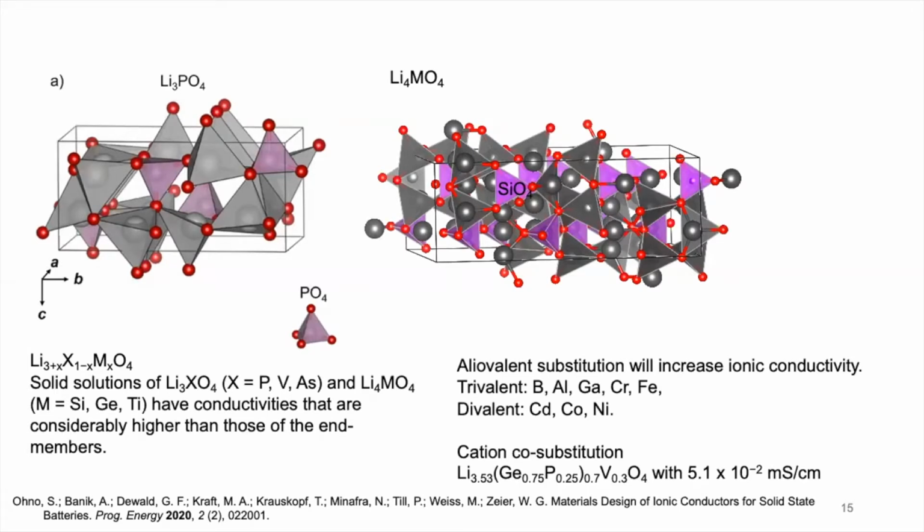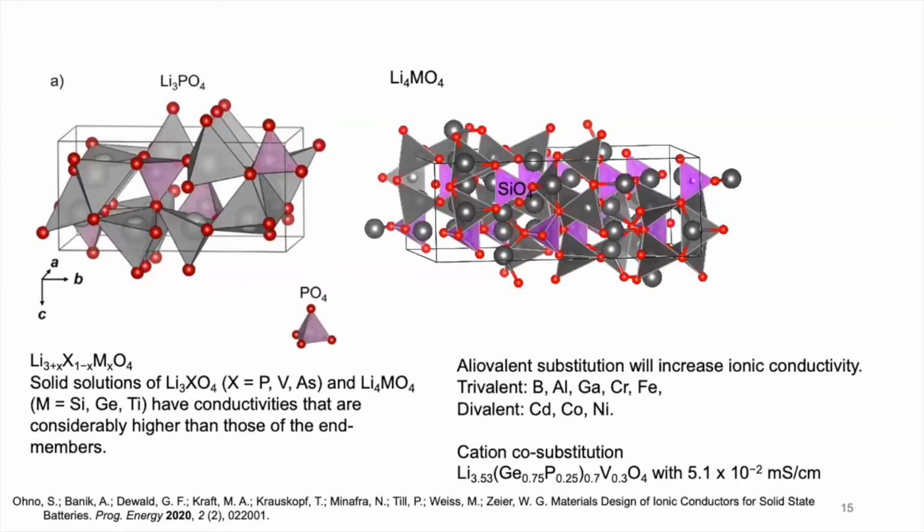You mix these two, and interestingly, when you measure the ionic conductivity, the end members are not the ones with high ionic conductivity. It's the solid solution in the middle that has high ionic conductivity, and that has to do with atomic disorder that you created by mixing these elements together on one site. And so cation co-substitution will increase your ionic conductivity.